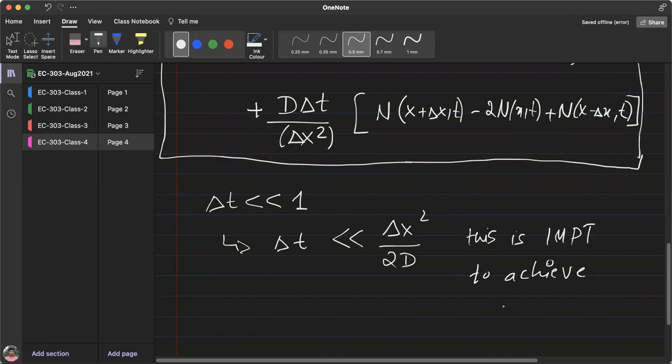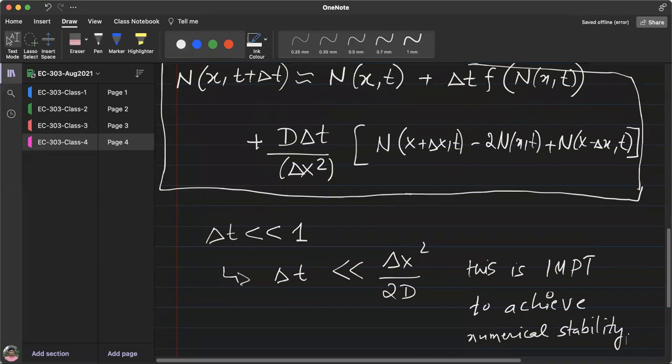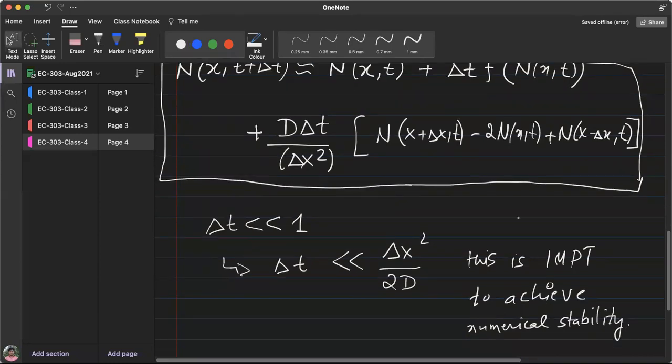You should actually try simulations without doing this. Choose a large enough delta t, and you will find a lot of negative values.